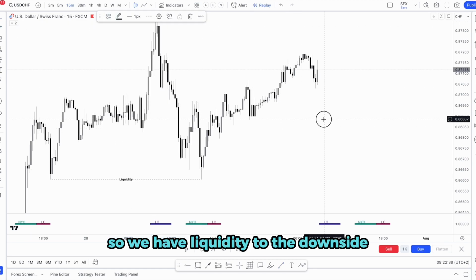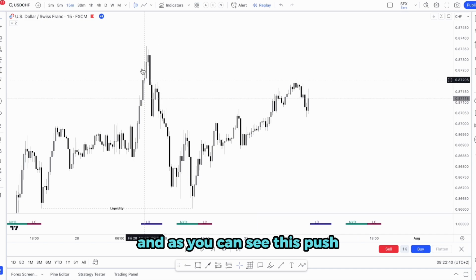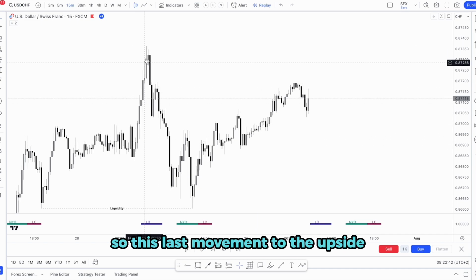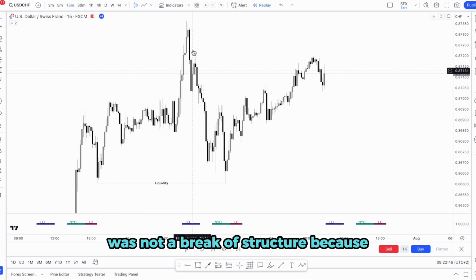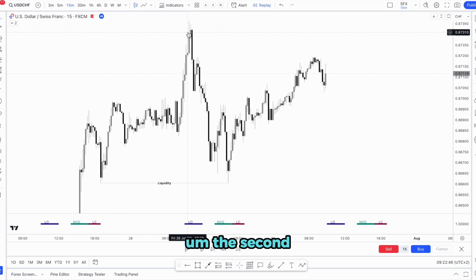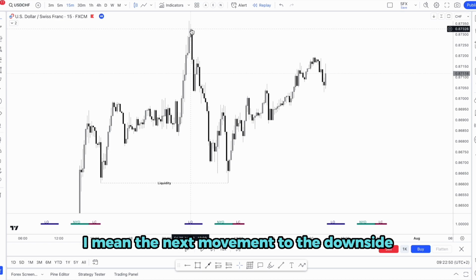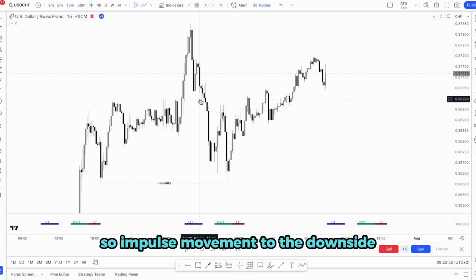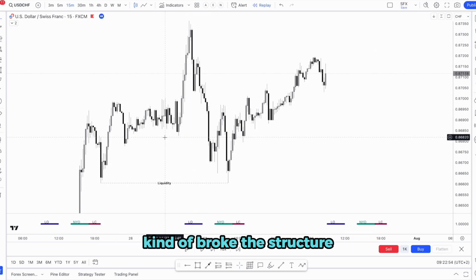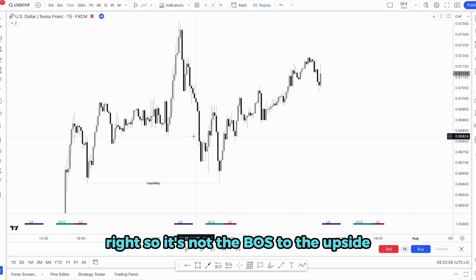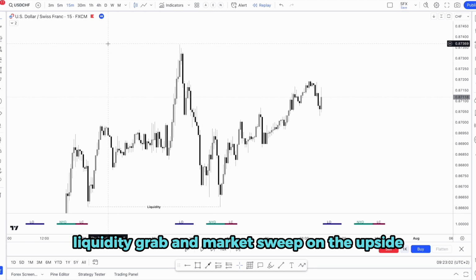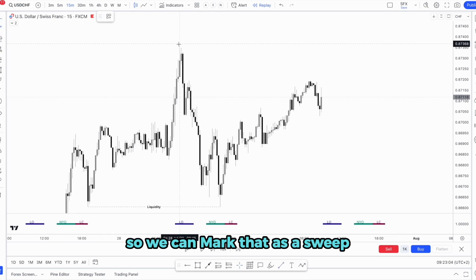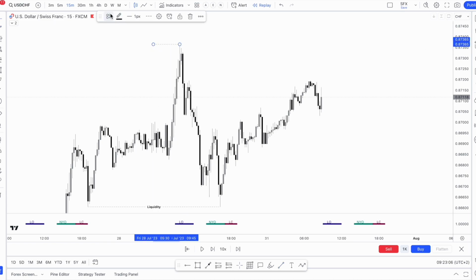So we have liquidity to the downside, and as you can see, this last movement to the upside was not a break of structure, because the next impulse movement to the downside broke the structure. So it's not a BOS to the upside, but in fact a liquidity grab and market sweep on the upside. So we can mark that as a sweep.